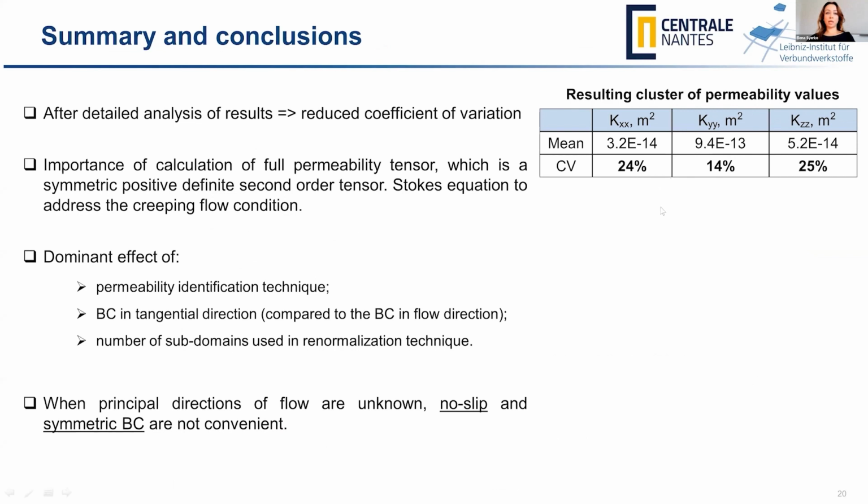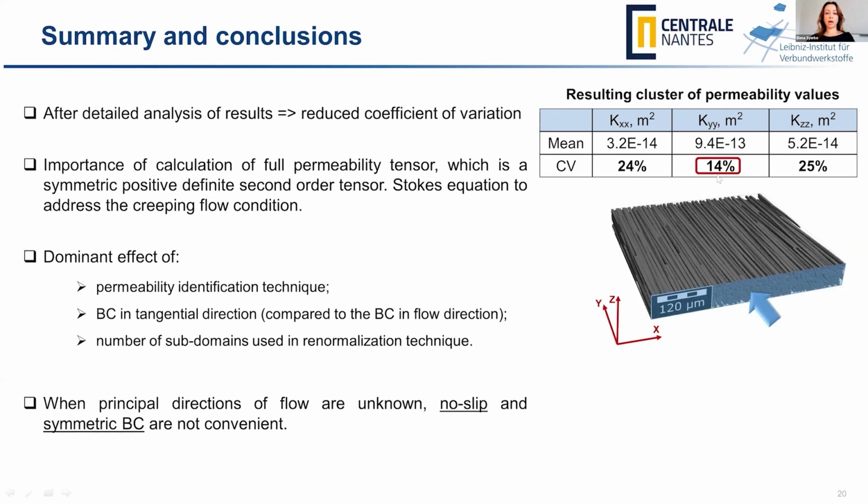First, we saw that we could reduce the coefficient of variation by eliminating some inconsistent results, which is 14.25, pretty much like the experimental benchmark.